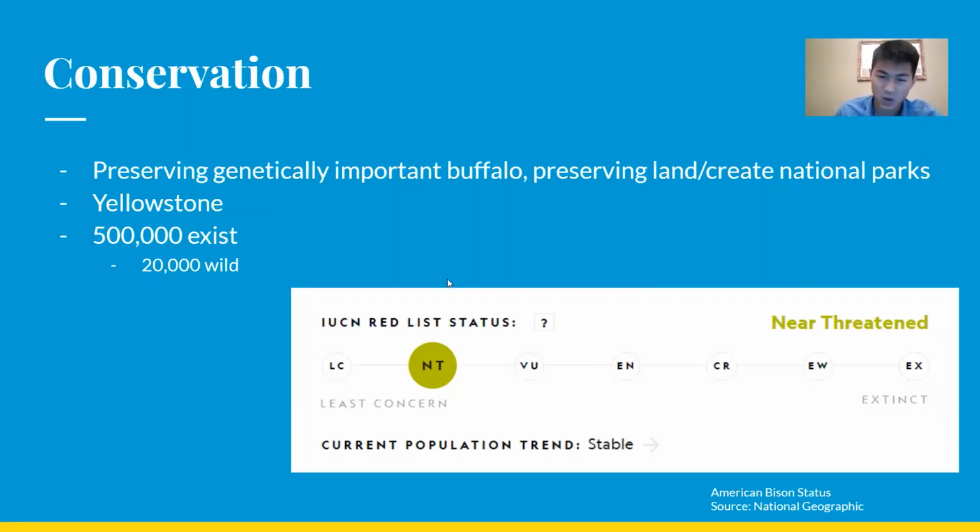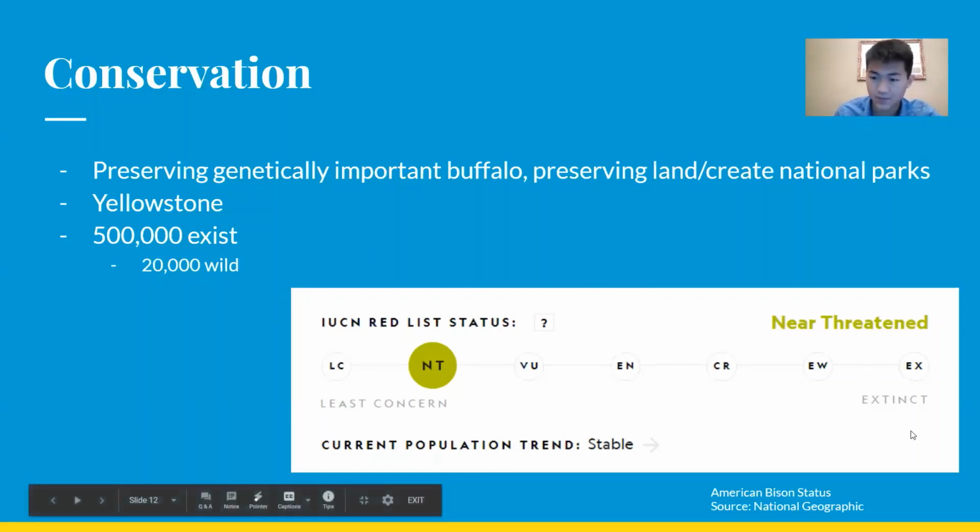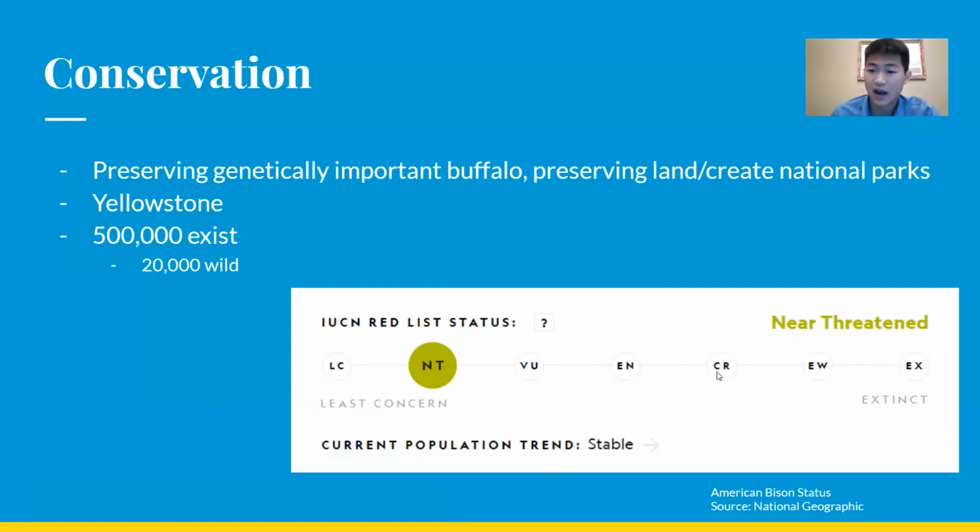And so as you can see over here, these are different classifications that show how threatened a species is to extinction. On the left, you have least concern. That means the species isn't really that threatened. And then on the far right is they're completely extinct. So right now, bison are near threatened.